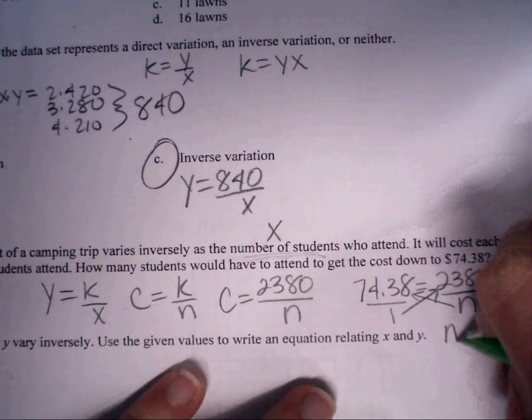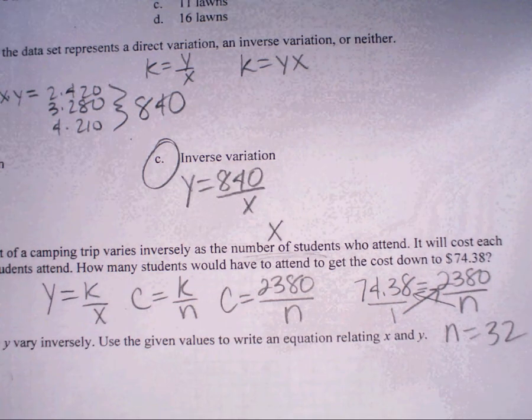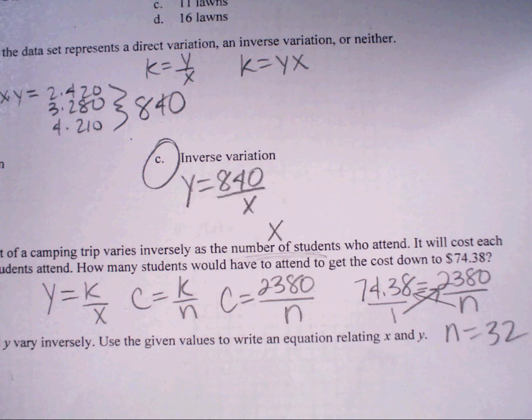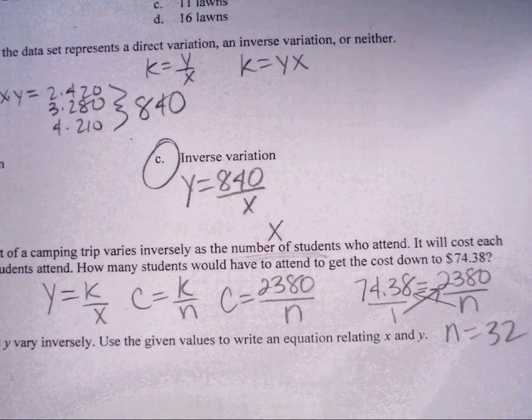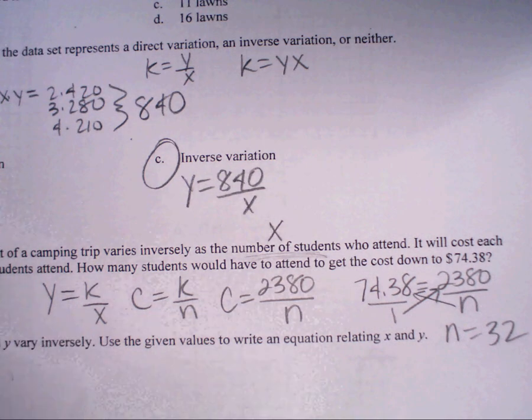And then you get n equals 32. Well, it's actually 31.998. So you could either say 31 or 32. 31 would probably be a better answer because you want to get the cost down to 7438. But 31 or 32 would be acceptable answers.